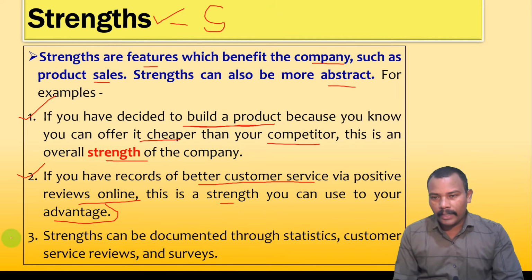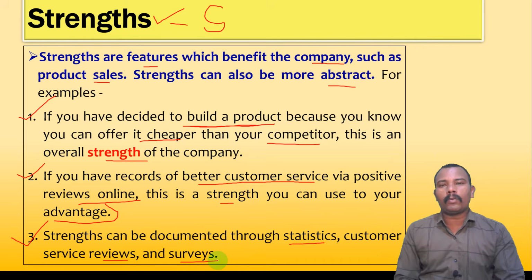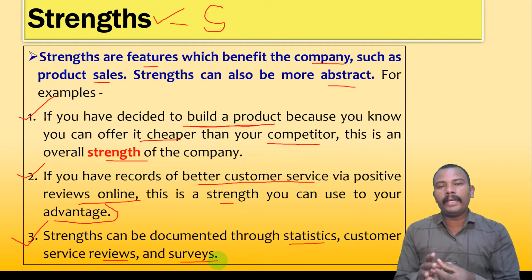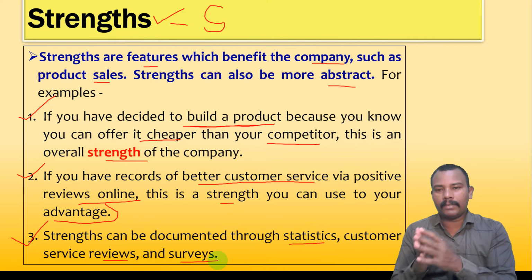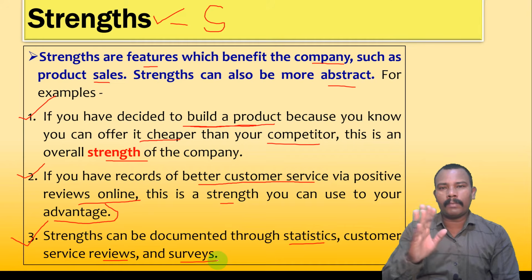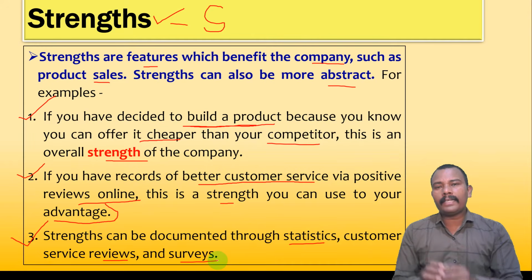And what is the last point here? Strengths can be documented through statistics, customer service reviews and surveys. So it can be documented, it can be identified, it can be observed with the help of different kinds of statistics, customer service reviews and surveys. Suppose there is a particular product of your company, and in that case you can do the survey.